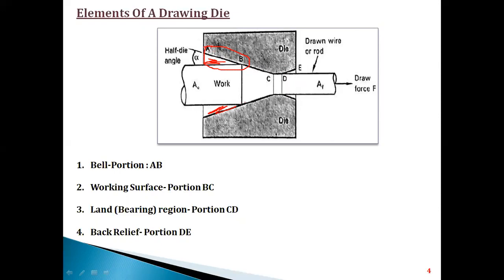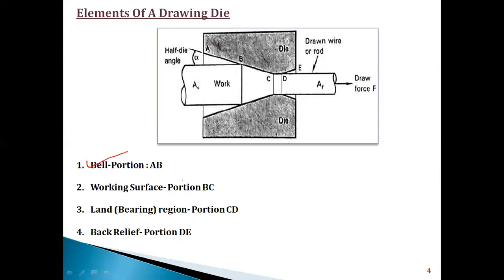The shape of the bell is designed so that hydrostatic pressure develops and increases, and it is responsible for promoting the flow of the lubricant through the die itself. This is regarding the first one, the bell portion.